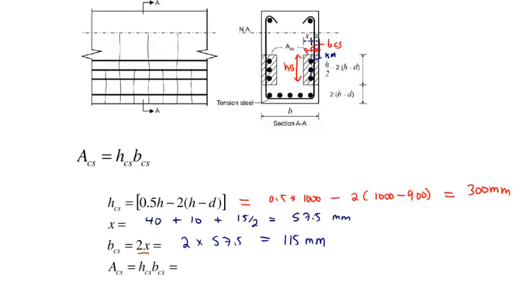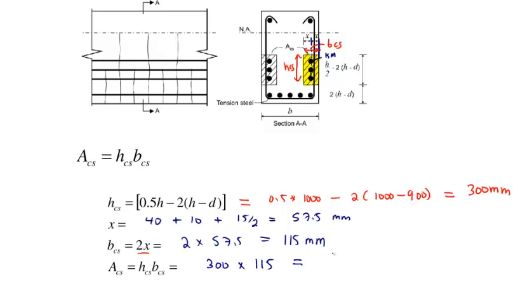Now I can find the area of this concrete that the code is telling me to consider, and what I'm going to do is take a percentage of that area and specify a certain amount of steel. But first let's find what this area is. So that's just HCS, which is 300, times this BCS, which is 115.